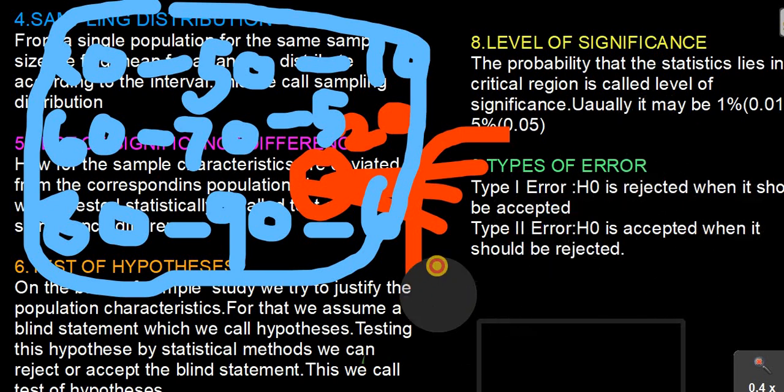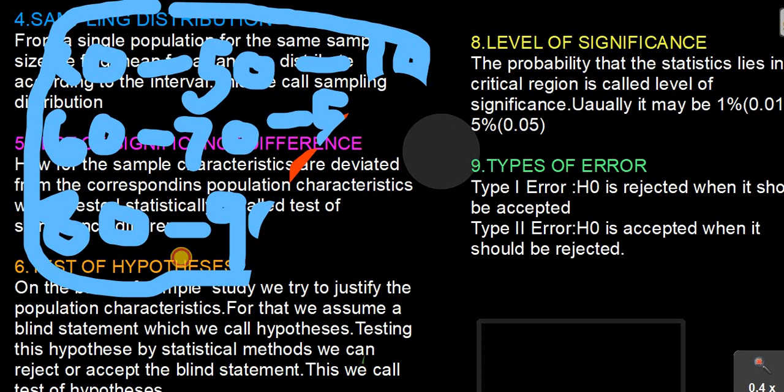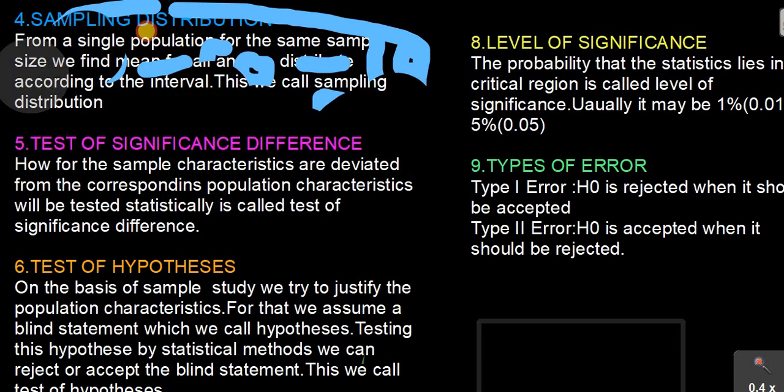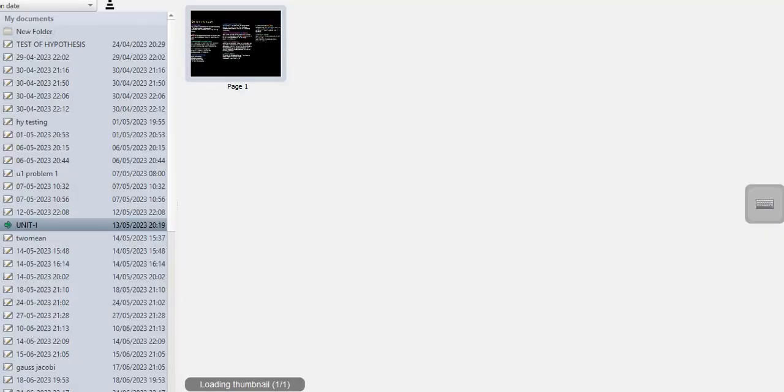As you see on the screen, between 10 and 50, how many means are coming? Between 60 and 70, how many samples are coming? Between 80 and 90, how many samples are coming? Like that, we are making the distribution. That distribution we call a sampling distribution.